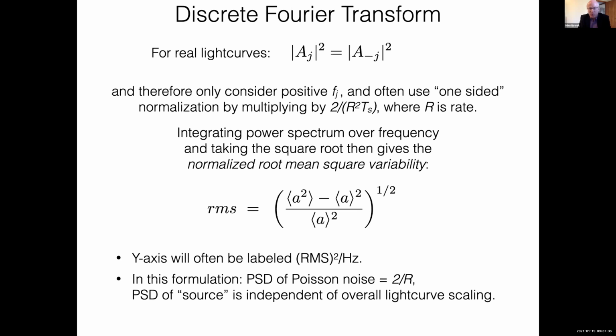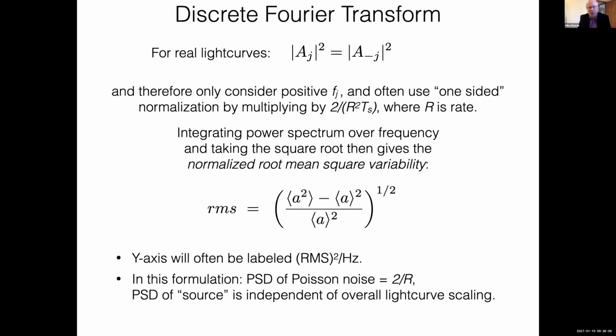And furthermore, we usually choose a normalization where we multiply by that factor of 2 from positive and negative frequencies, divide by the total time of our observation, and divide by the mean rate squared of our observation. When we do that, if we integrate the power spectrum over frequencies, what we get is the fractional root mean squared variability, the percentage of variability relative to the mean in a given frequency range.